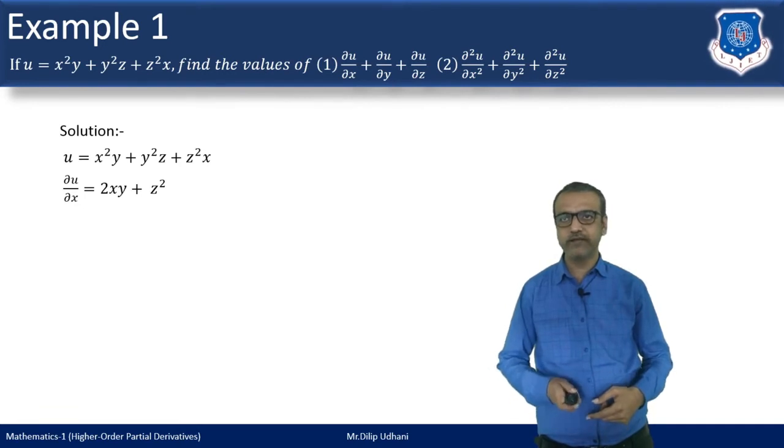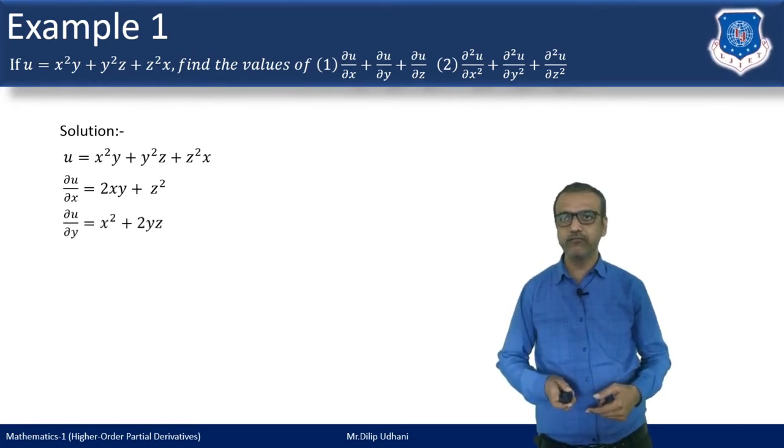For the first term x square y, the derivative of x square is 2x according to the formula d by dx of x raised to n is n times x raised to n minus 1, and y is constant. For the second term, y square z is constant, so its derivative will be 0. For the third term, z square is constant and the derivative of x is 1. So we have del u by del x equals 2xy plus z square.